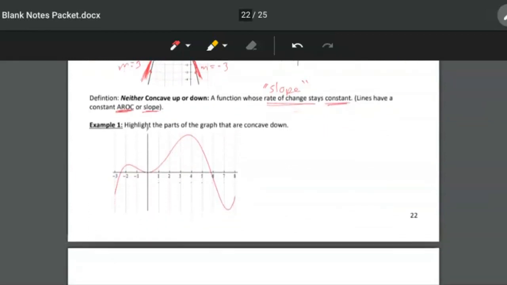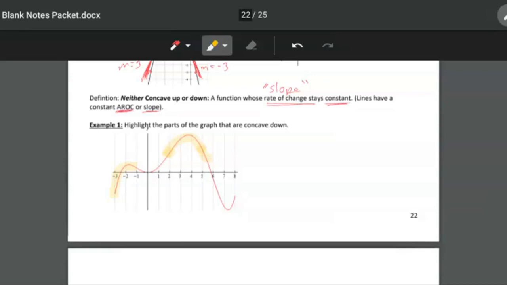So in example 1, it says highlight the parts of the graph that are concave down. It looks like the first part is cupping down to maybe about right there. Then it looks like it's cupping upward, maybe right here. Looks like it's cupping down, maybe to about there. And then it looks like it's cupping up.